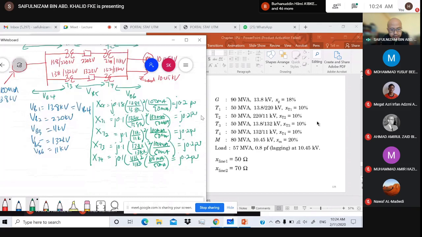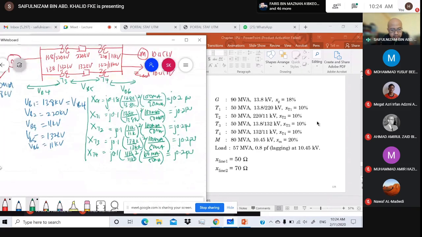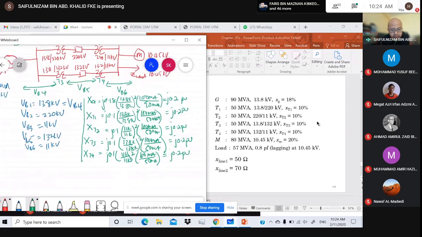Any question in finding the reactance for the generator and all transformers before we continue with the line?